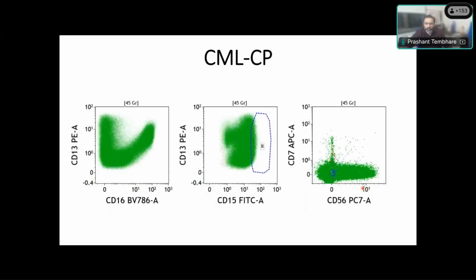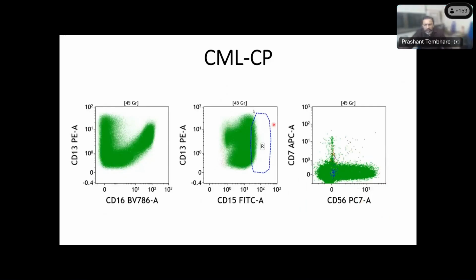Just to show you an example of CML chronic phase, in chronic myeloid leukemia on morphology we do not see much dysplasia, other than some hypersegmentation of neutrophils or band forms. With CD13 and CD16 we do not see much abnormality, but we clearly see down regulation of CD15 or overexpression of CD56, which is an NK cell marker.